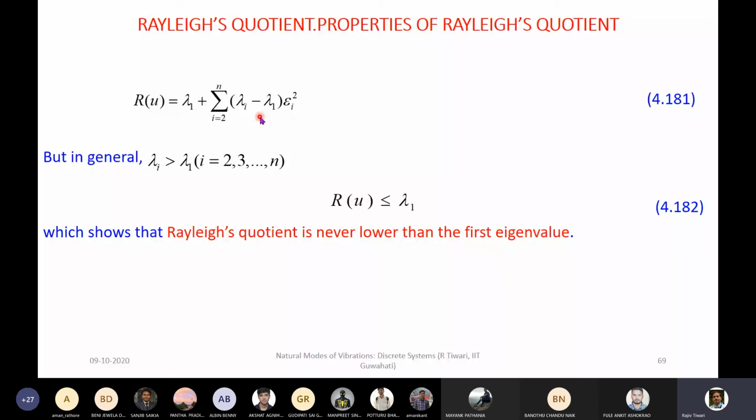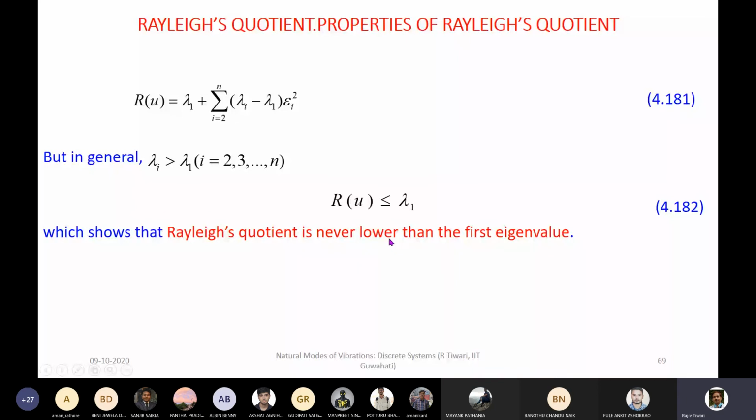So that means whatever value we get from here, the Rayleigh's quotient should be always more than that.